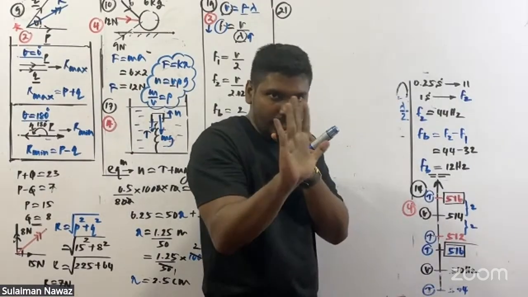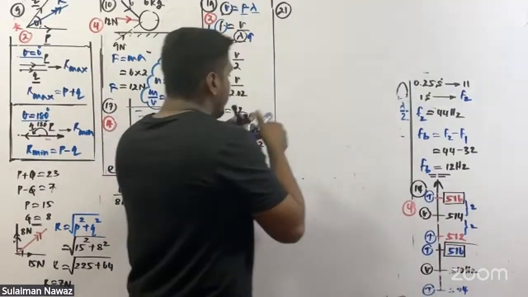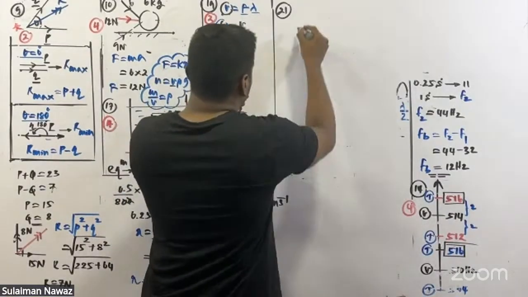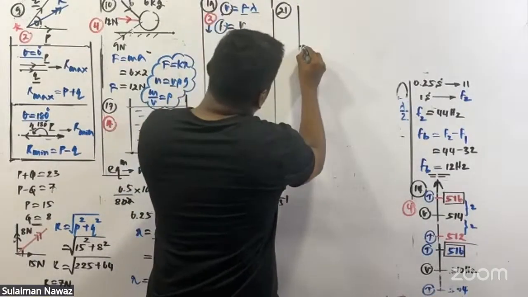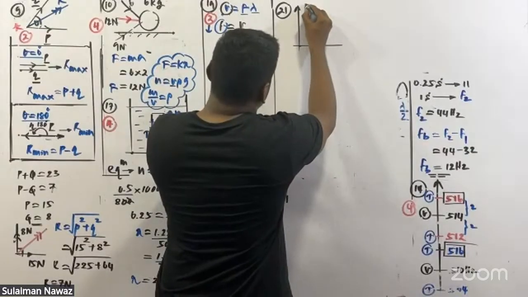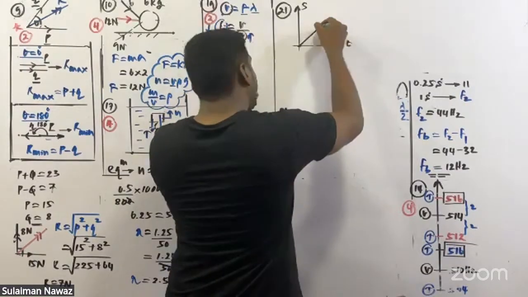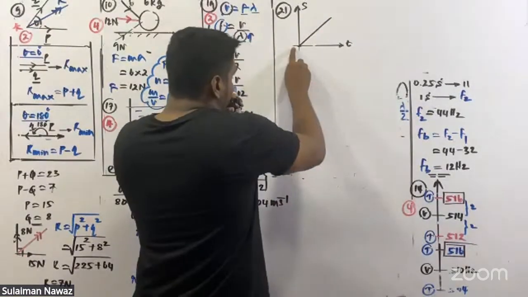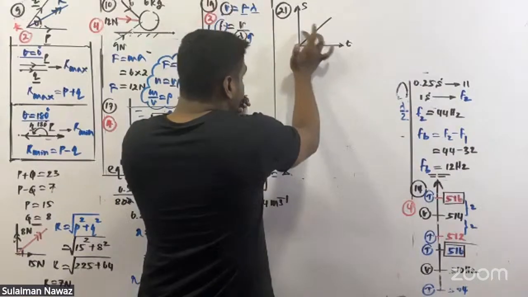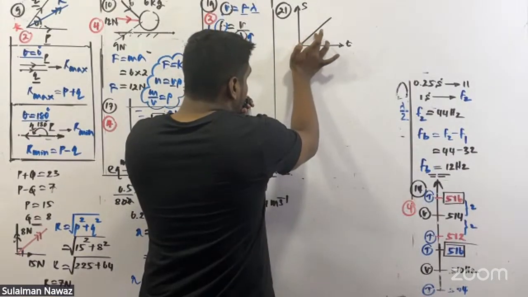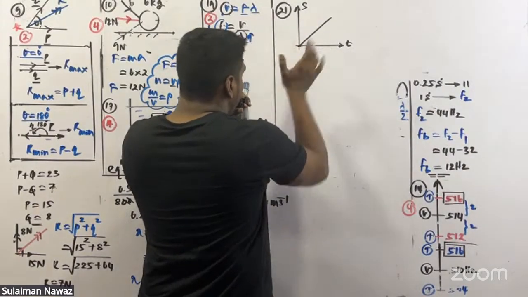If an object moves under constant velocity, look here: in the displacement time graph, the gradient represents what?